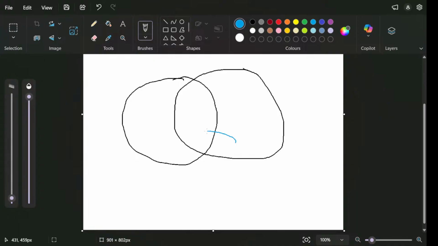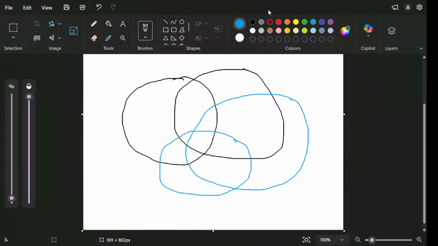Then we have G, which is these two sets.